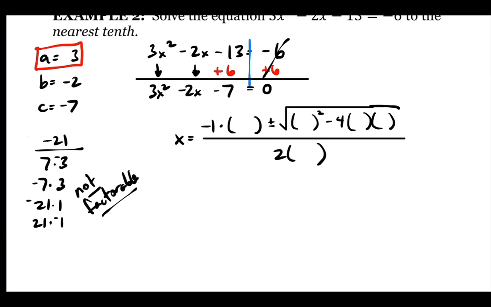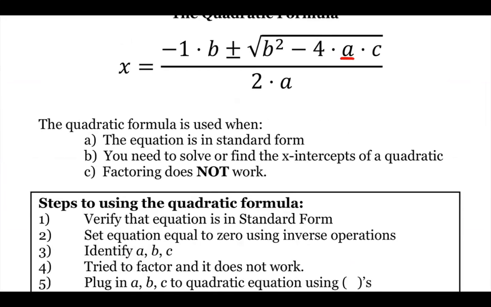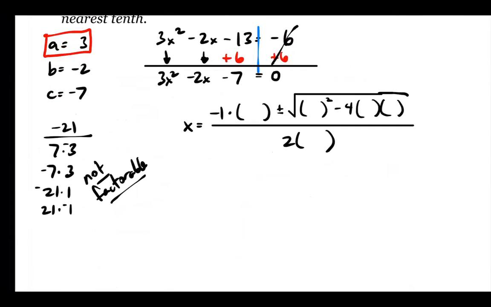A was 3, so anywhere there was an A. So I have an A here, and I have an A here. So I'm going to go back to the parentheses, and I'm going to write 3 in there. B is -2.